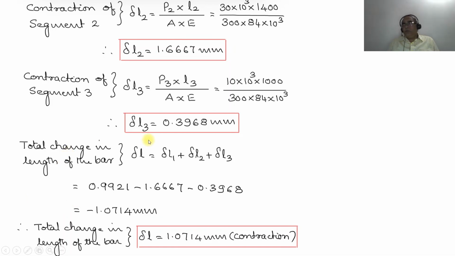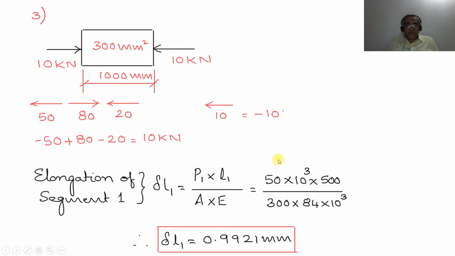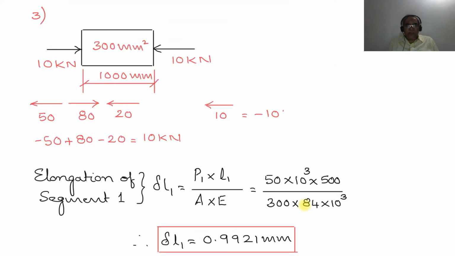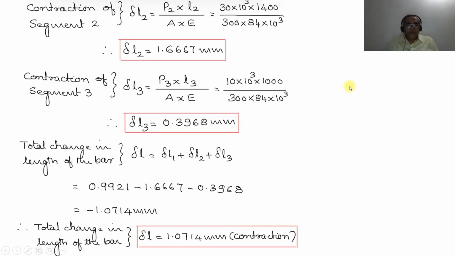So what is the total change in the length? The total change in the length of the bar, delta L, will be equal to delta L1 plus delta L2 plus delta L3. Delta L1 is positive 0.9921 because it is tensile. Delta L2 is the contraction of the segment, so it will be minus 1.667.